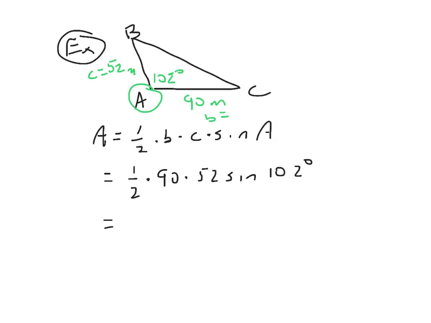So now you're going to go to your calculator, type that whole mess in, and make sure you're in degree mode. So 1/2 times 90 times 52 times the sine of 102 degrees would give me that this area is 2,288.9 meters squared. So that would be your area of that one. Let's do one more.